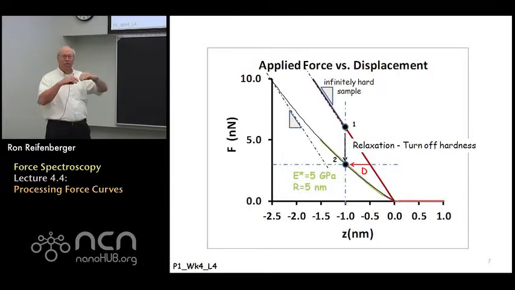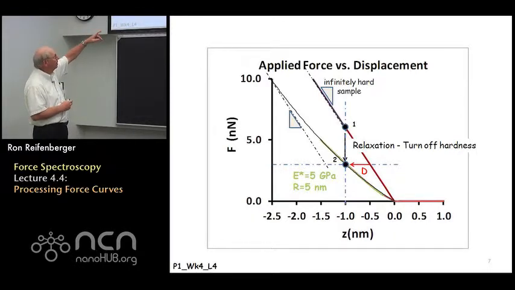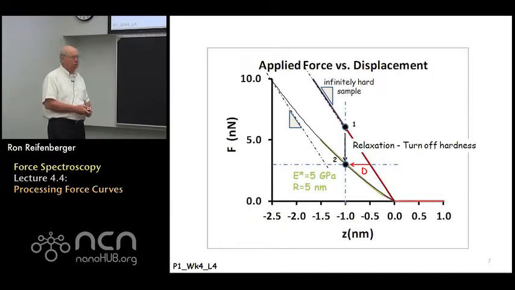And then I like to, at least conceptually, turn on or turn off the hardness of the sample, let the sample assume whatever elastic modulus it might have. And when you do that, of course, the tip will then indent into the sample, so you'll go from 0.1 to 0.2. And the difference between those two curves is then just the deformation that occurs.